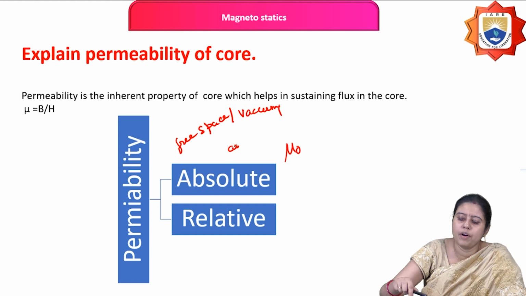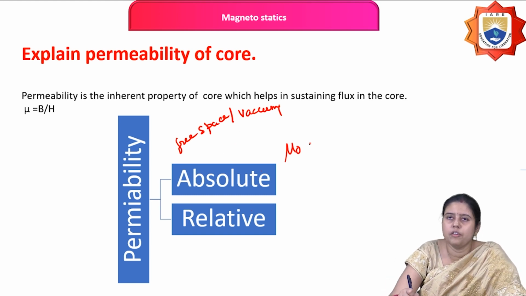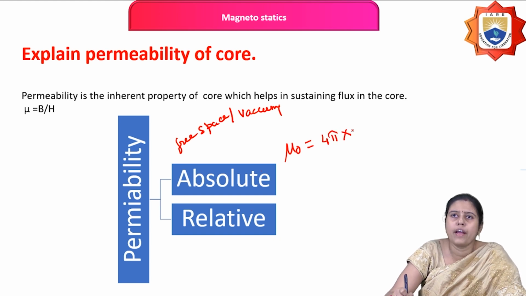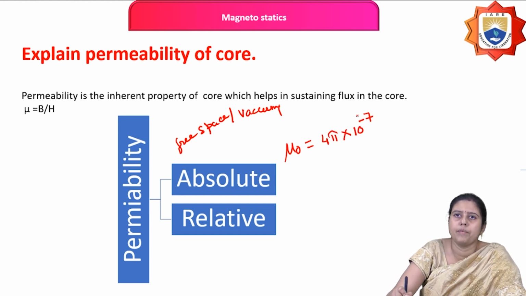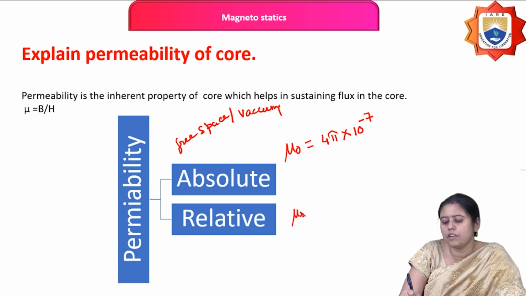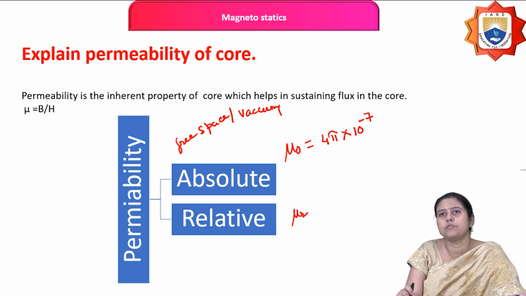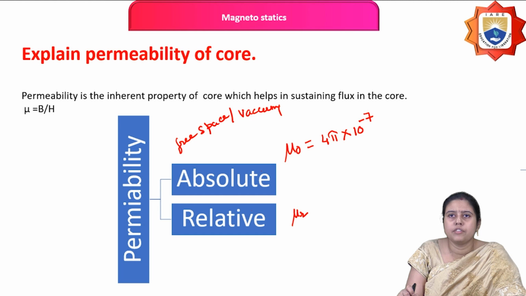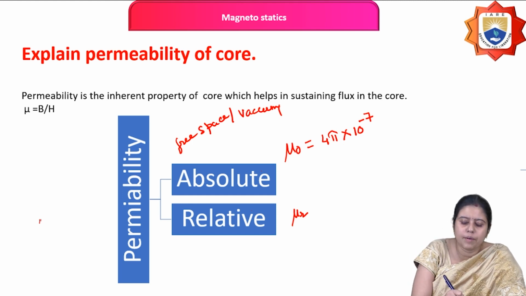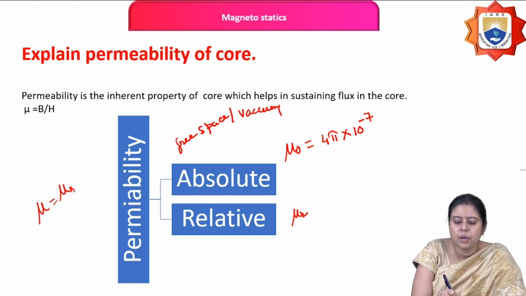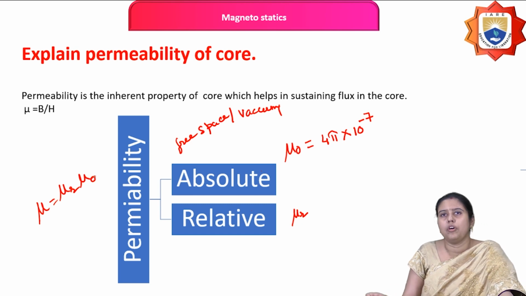It is written as mu naught, and its value is 4 pi into 10 to the power minus 7. Similarly, what is the relative permeability? Relative permeability is mu r, the permeability of a medium with respect to the absolute permeability. And the permeability mu is equal to mu r into mu naught.